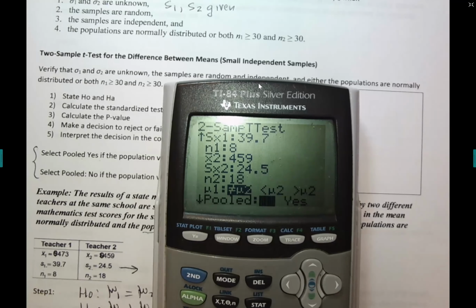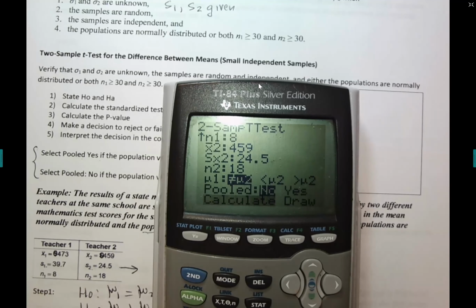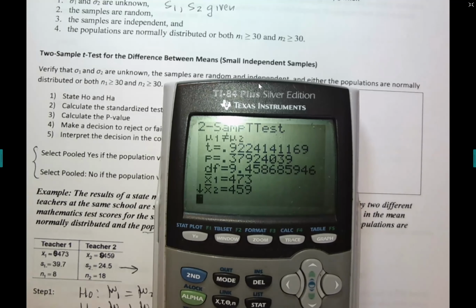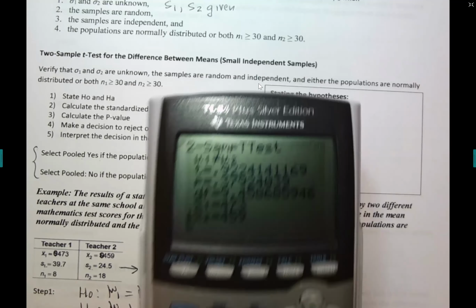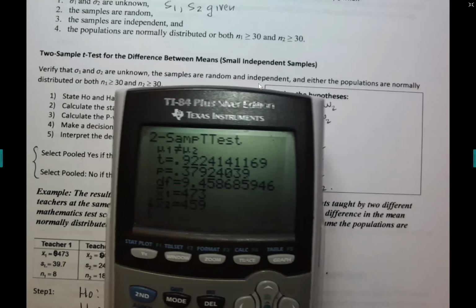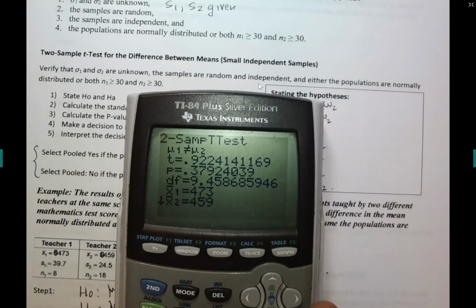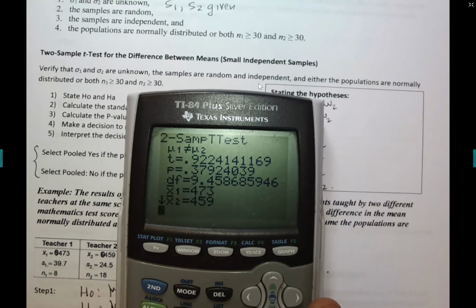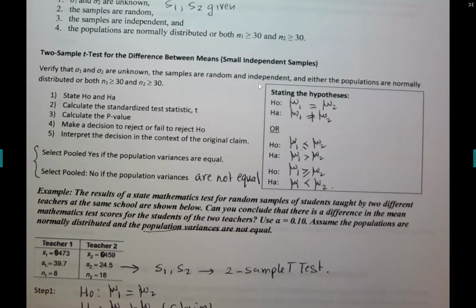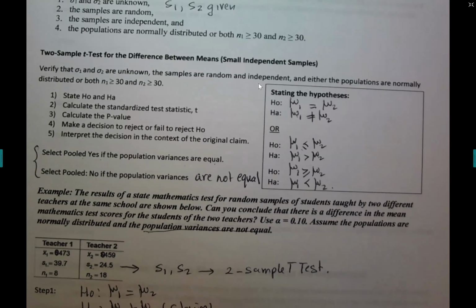Here's the no, and now we're ready. Calculate. So this is T, p-value, degrees of freedom, everything that you need here. Hope that you got the same results if you're following along. T is 0.922, and the p-value is 0.3792.